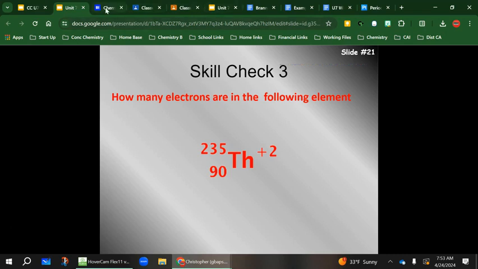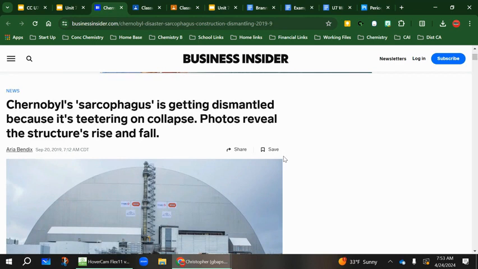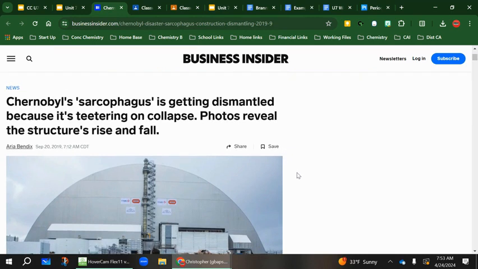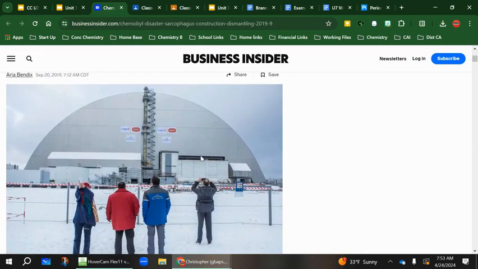Now I need to find it. This is the latest update on it, from September 20th, 2019, 5 years ago. They basically finished the structure. So this is what is now covering the entire nuclear plant.